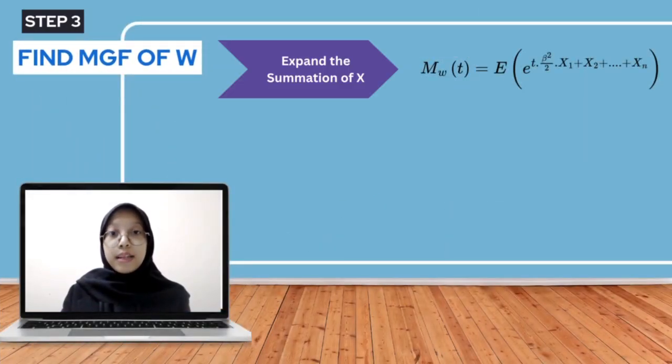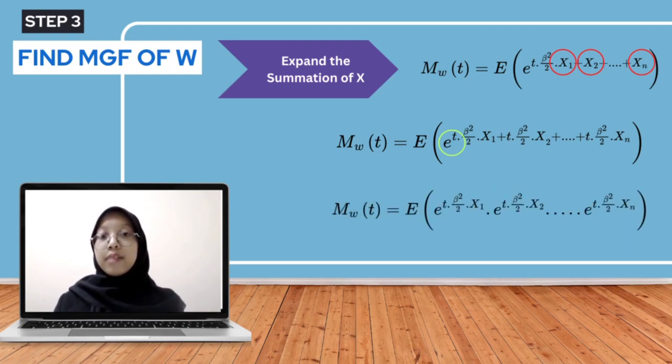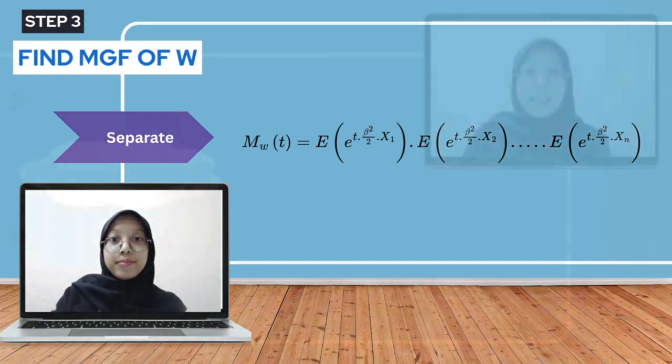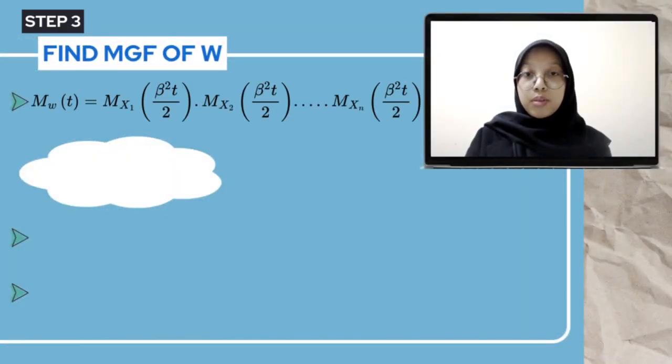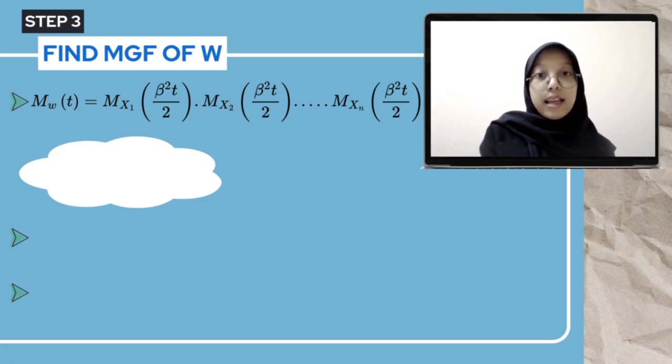Next, we expand the summation of X into X1 plus X2 until Xn. Since we have the exponent with the power of a sum, we can separate the exponent into X1 until Xn. Next, we separate the expectation over X1 until Xn. Now we have the MGF of W equals the MGF of X1 times the MGF of X2 until Xn.